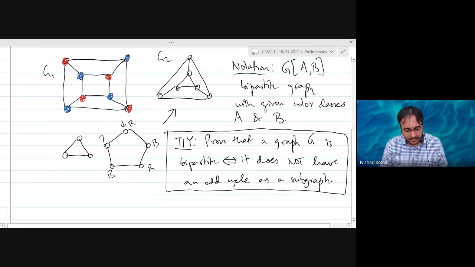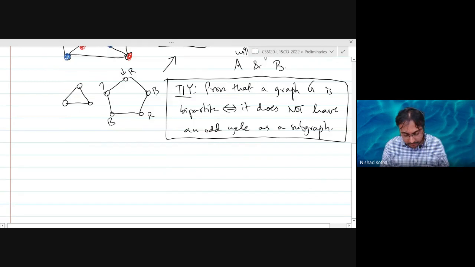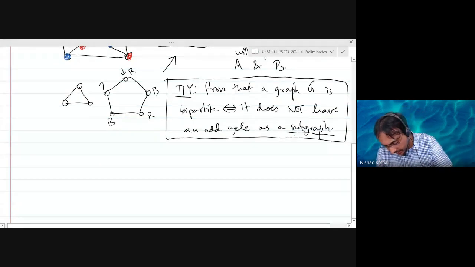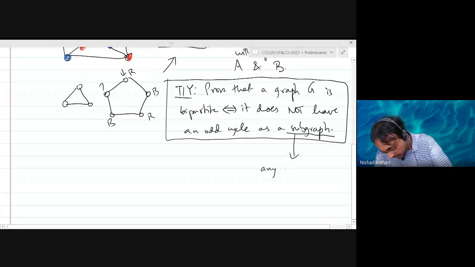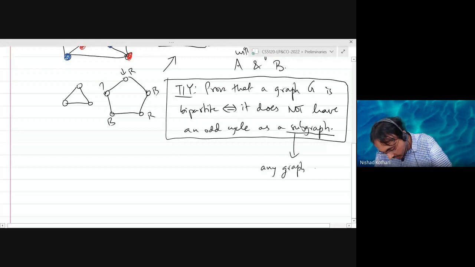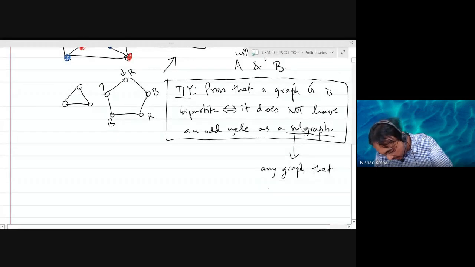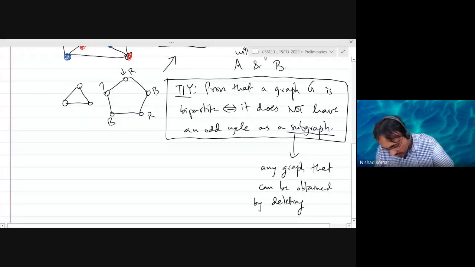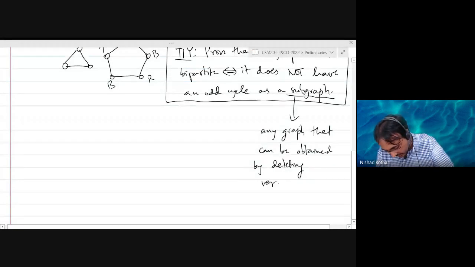Right. Okay, so we didn't define what a subgraph is. For the sake of completeness, in case you are not familiar, a subgraph is any graph that can be obtained by deleting any number of vertices and edges.